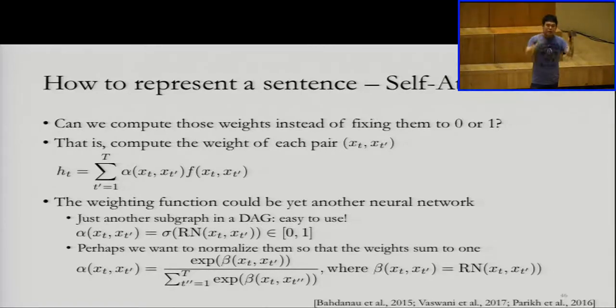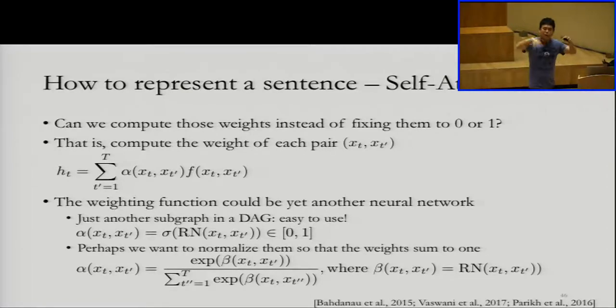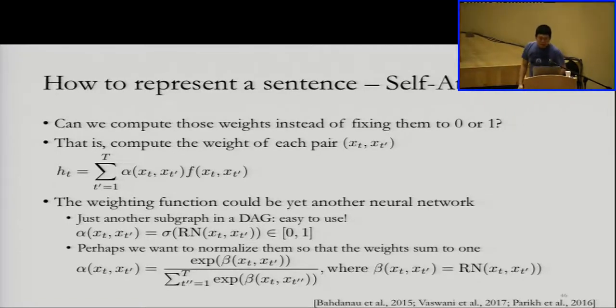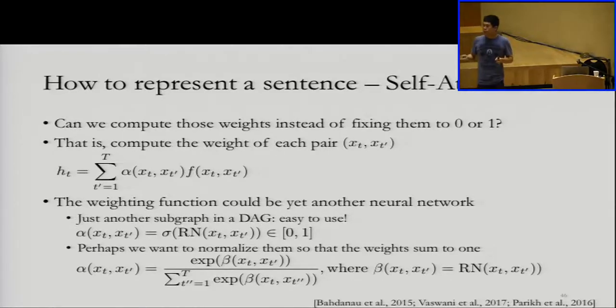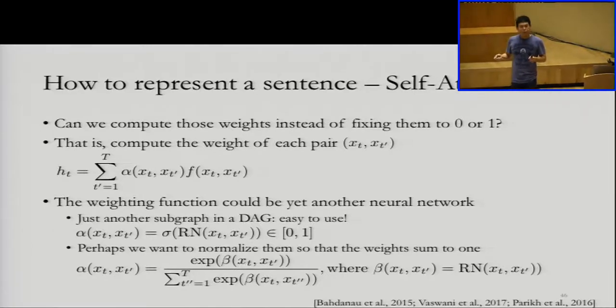So inside this neural net, we have a very explicit way of computing how the vectors, or the representations you get from all those possible pairs, are going to be combined. And it turned out that it's very easy to implement with a directed acyclic graph. You're going to have another relational network module that looks at the pair and decides how similar or how relevant that pair is to the actual problem.